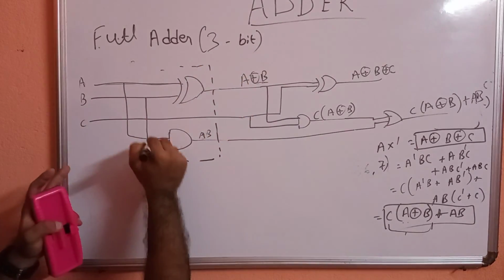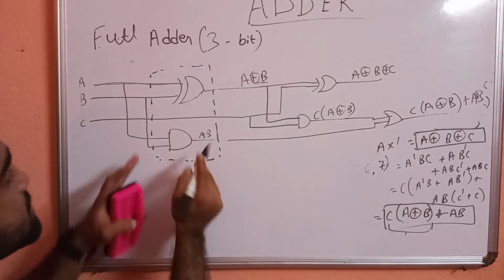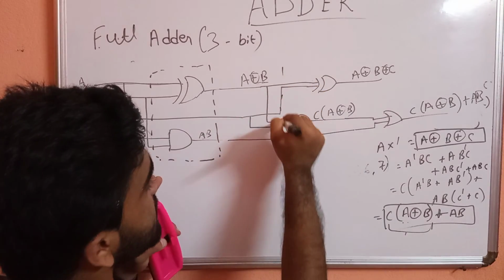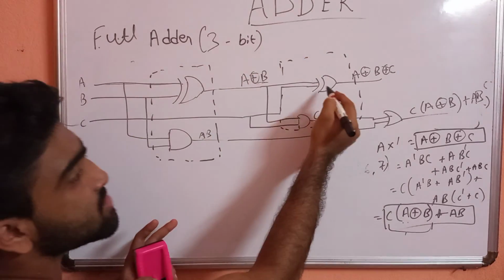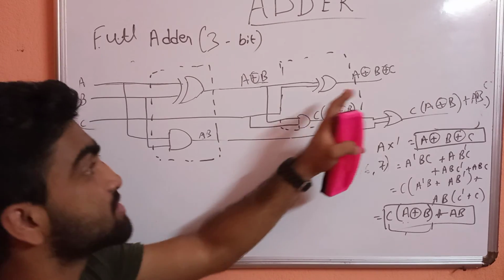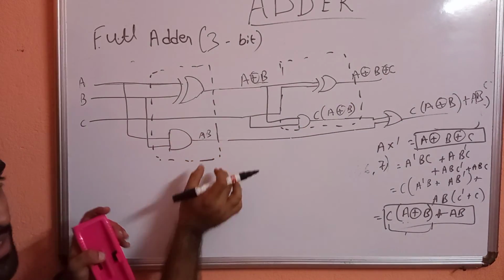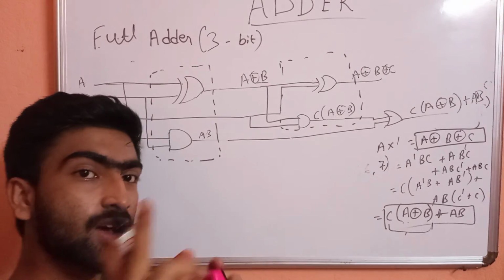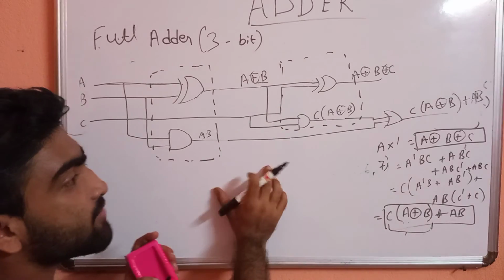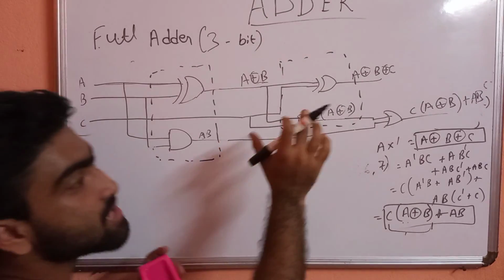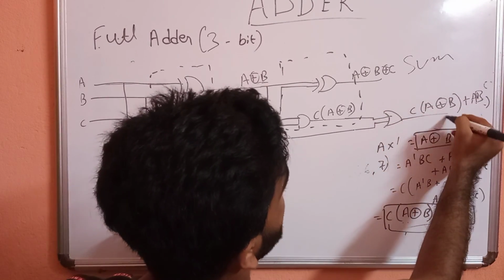This is one half adder, and this is another half adder. One XOR gate and one AND gate. So using 2 half adders, we drew a complete circuit of full adder, sum, and this is the carry.